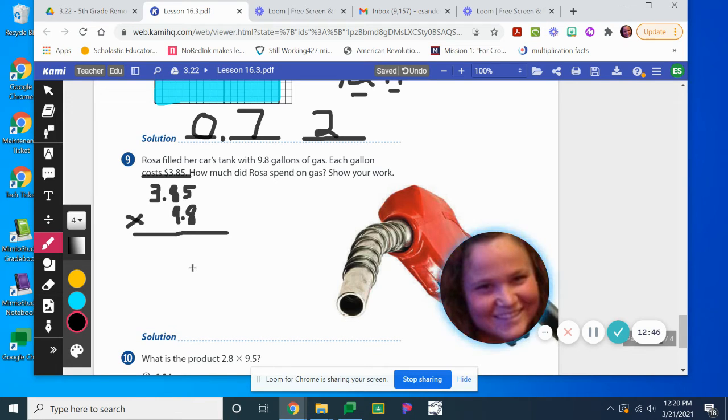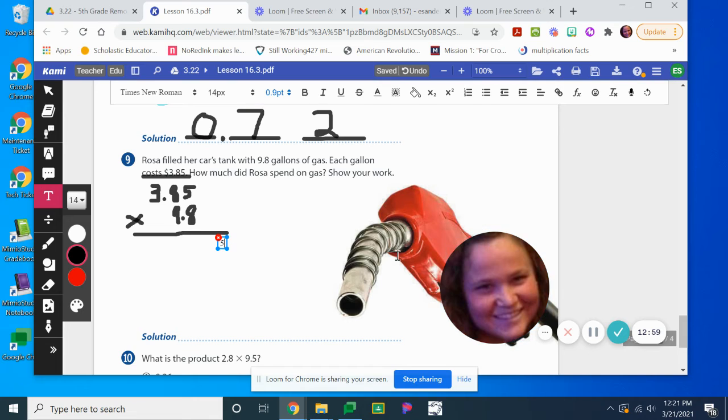All right. So my first one is in thousandths, because my 5 and my 8, if you notice, this is in hundredths and this is in tenths. So I have over here 5 hundredths times 8 tenths equals, now if I have hundredths times tenths, that means I have thousandths.